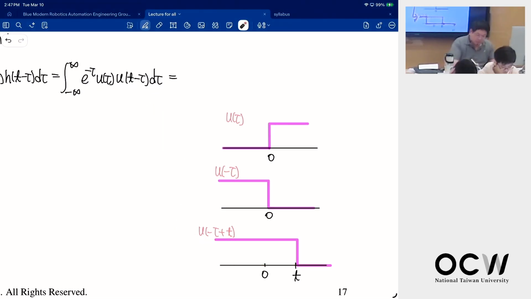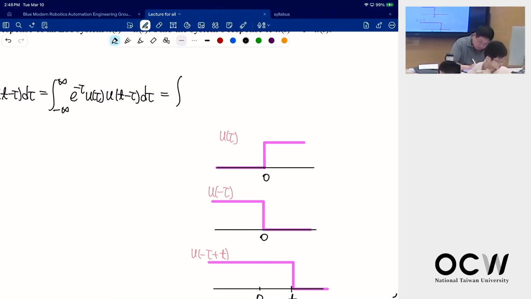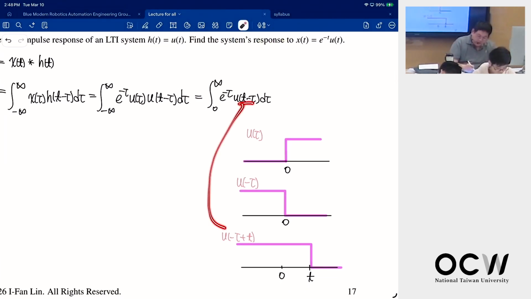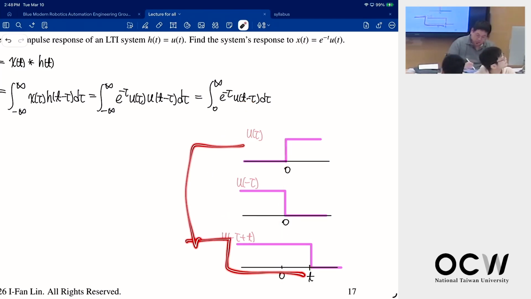Okay, so here, that is e to the minus tau u of t minus tau d tau, and the tau is from 0 to infinity. Let's see this one. When t is greater than 0, we have value. When t is less than 0, these two, we can say that there's just 0.